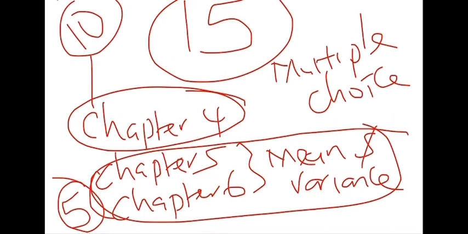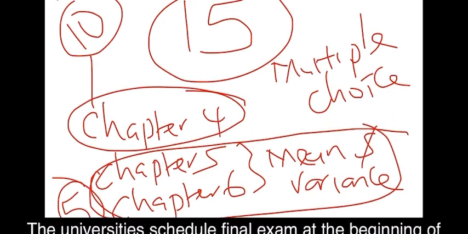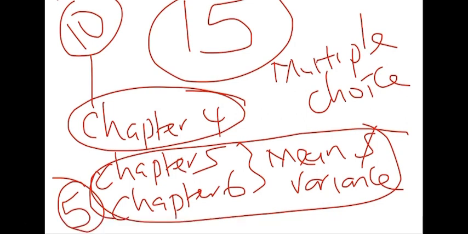Somebody says, is the final going to be online? No. The university schedules the final exam at the beginning of the semester. The instructor only has flexibility when it comes to midterm exams. But the final exam is scheduled by the university at the beginning of the semester, and it has to be in person.